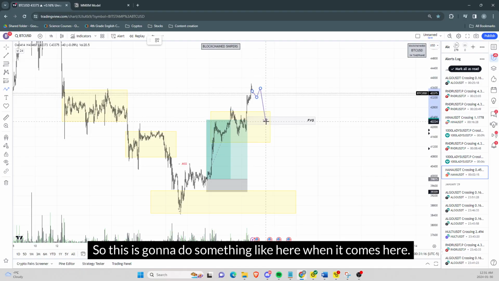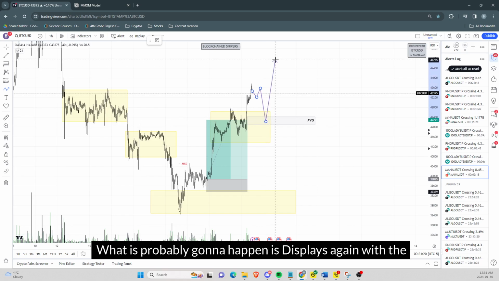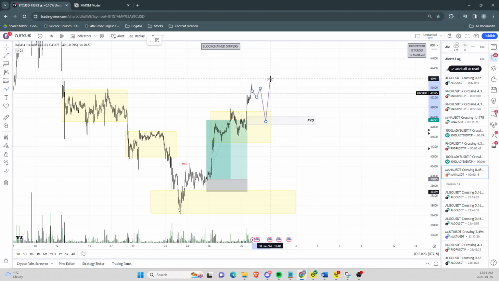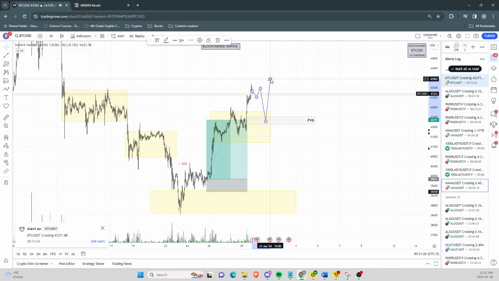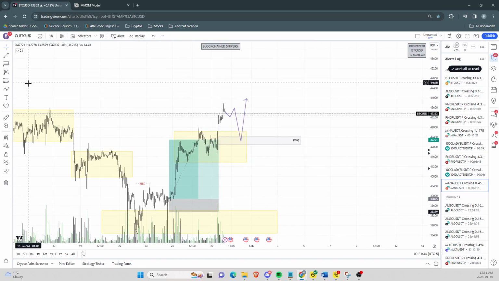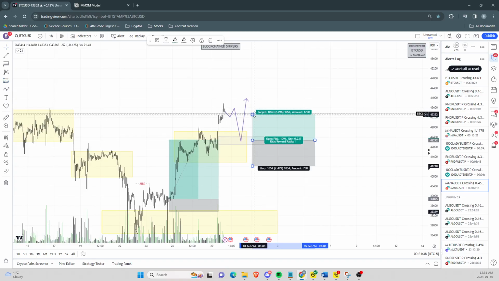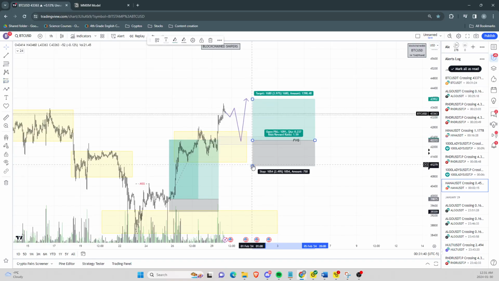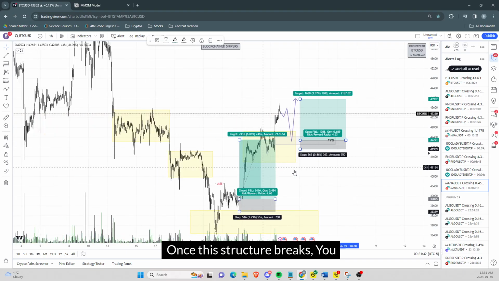When it comes here, what is probably going to happen is displace again with the target of here. Something like that.